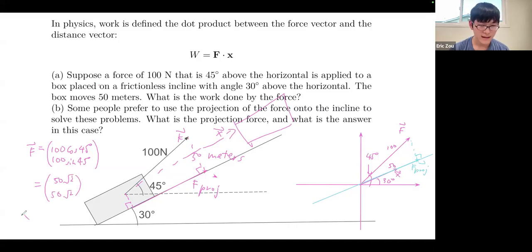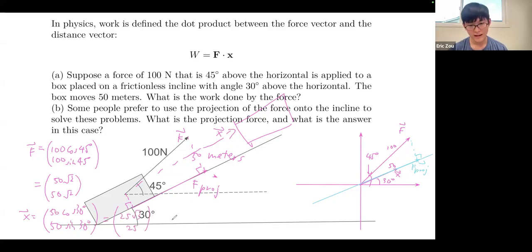And the vector x is 50 cosine 30 degrees, 50 sine 30 degrees. So we calculate this, and cosine 30 degrees is root 3 over 2, and sine 30 degrees is half. So this is 25 root 3, 25.